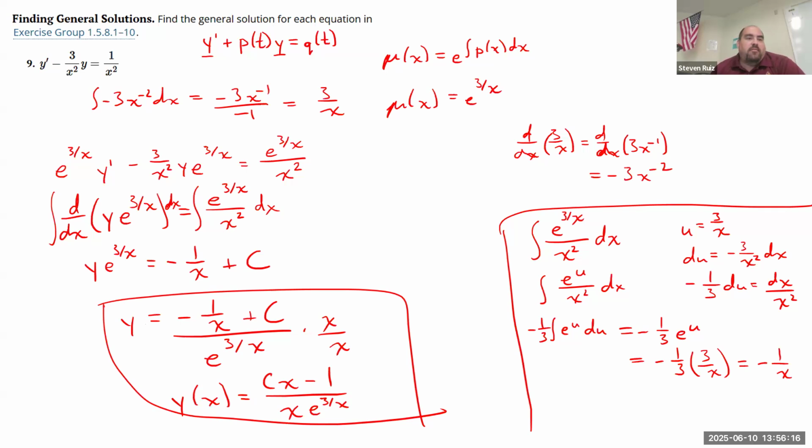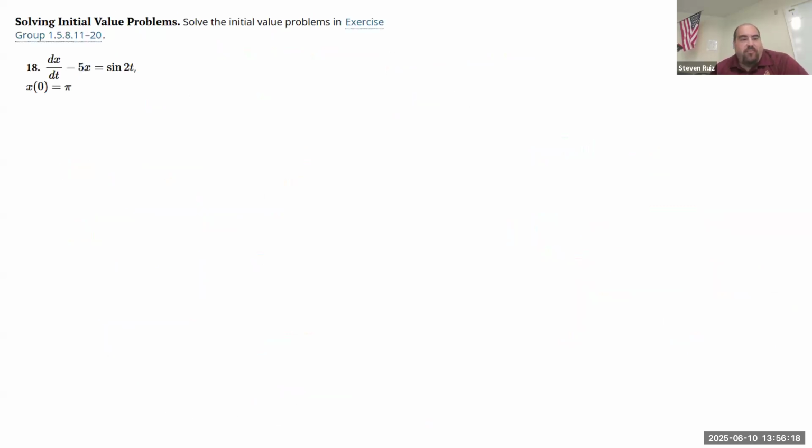All right, moving on. Now we have an initial value problem. Do we have the form that we want? Just a reminder, in general, we want our derivative term plus some function in t times our dependent variable, not differentiated, equal to another function in t.